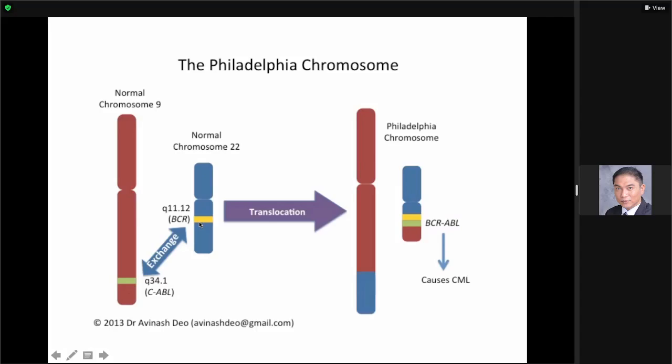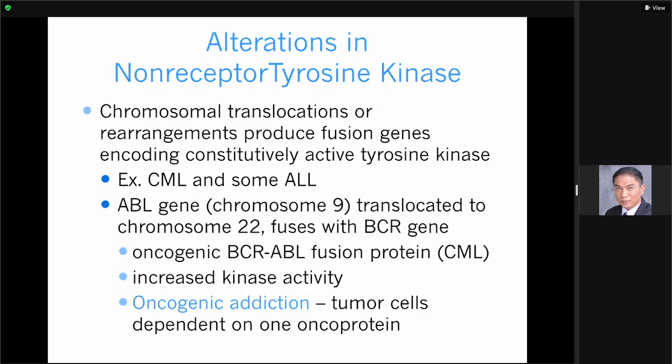So, with this, the protein that will be produced, ABL kinase, will be constitutively activated dahil sa pagkaka-fuse niya with BCR. It's a kinase. And so, anong ginagawa ng kinase? Phosphorylate. It will continuously phosphorylate. So, increase kinase activity. Now, this causes CML, chronic myelogenous leukemia.